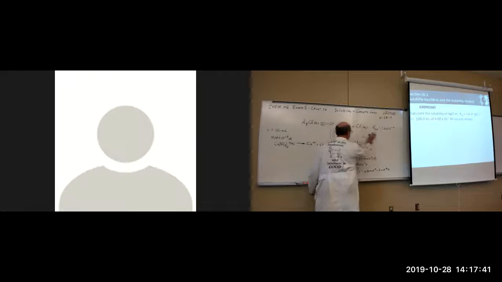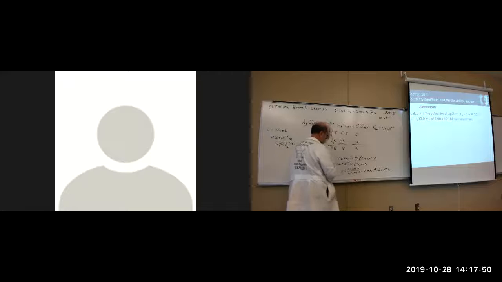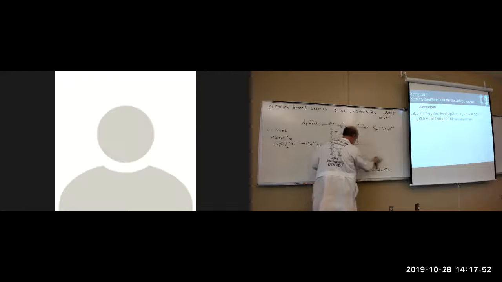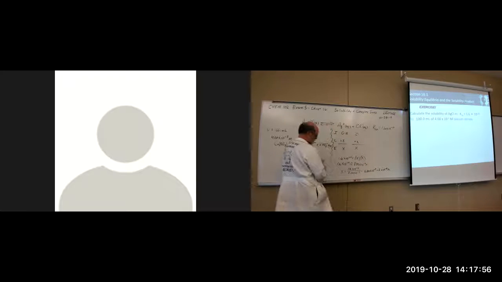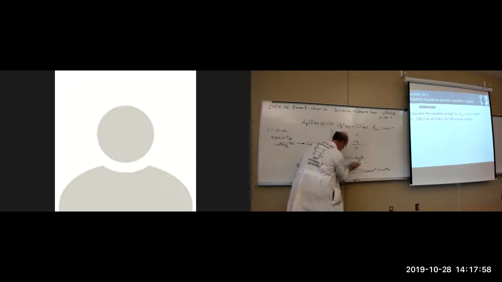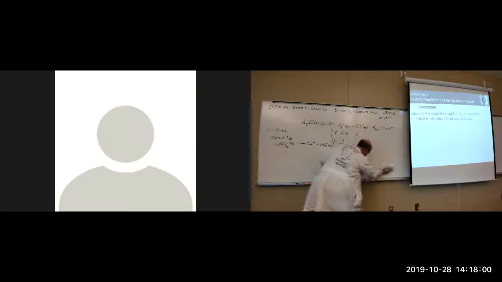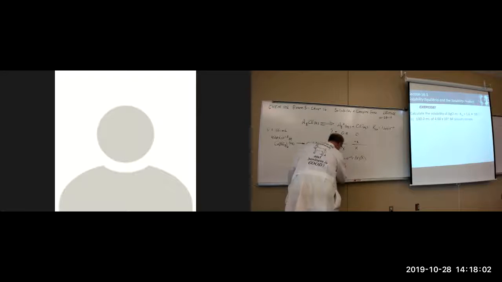So that being the case, we really have this, that, and then this one becomes X. Then the solubility X equals square root of 1.6 times 10 to the minus 10, and we did that earlier.